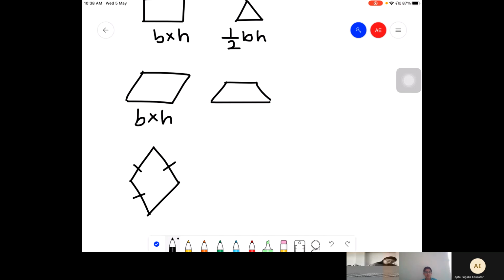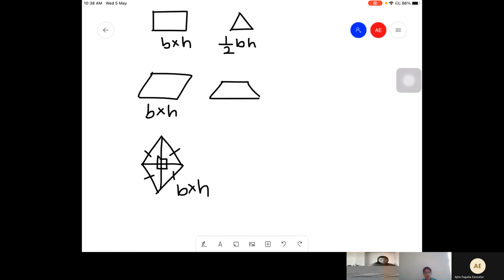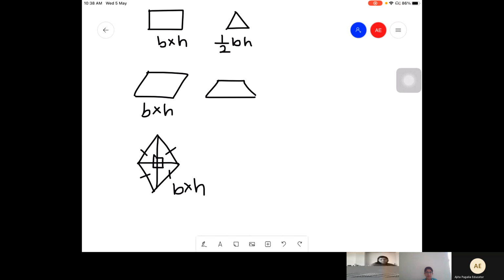I think isn't that just base times height as well? Yes, it's base into height, because that's like two triangles if you cut it out.